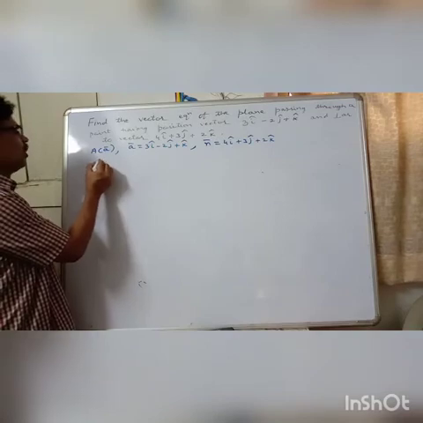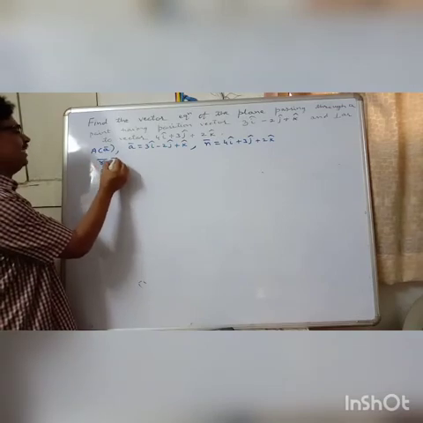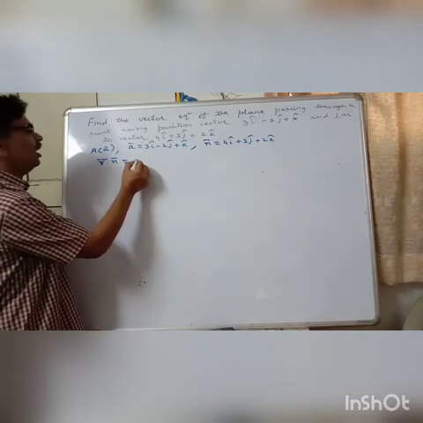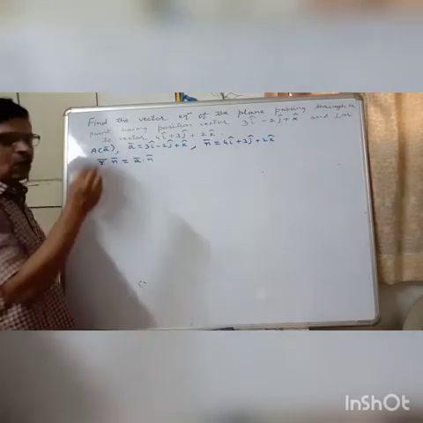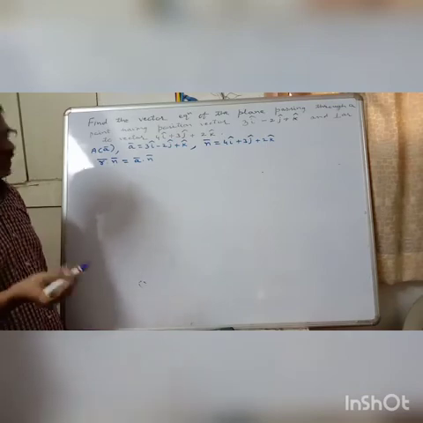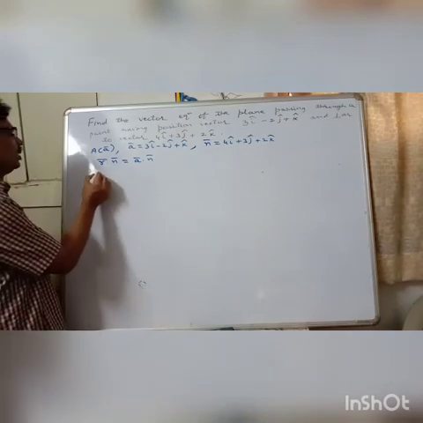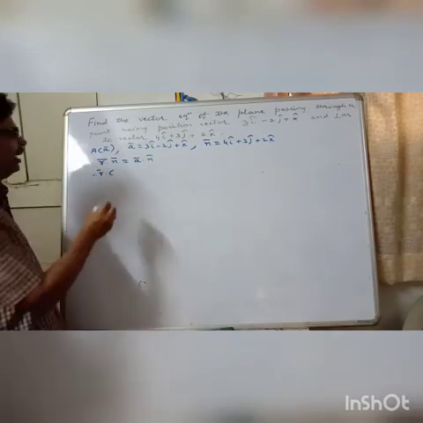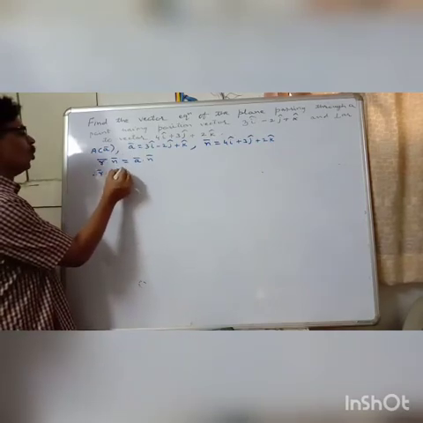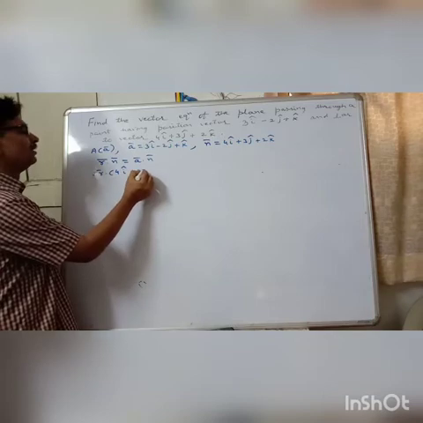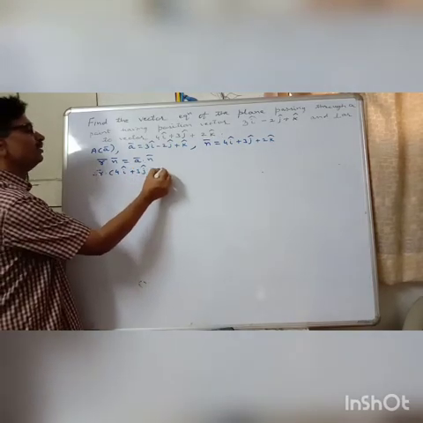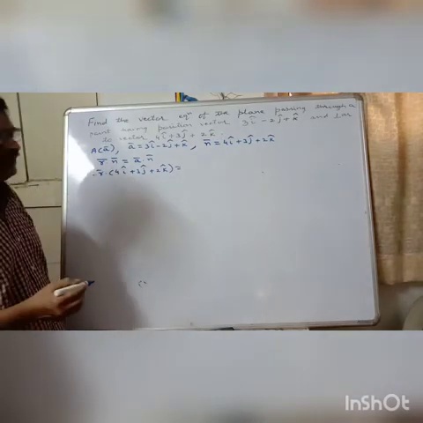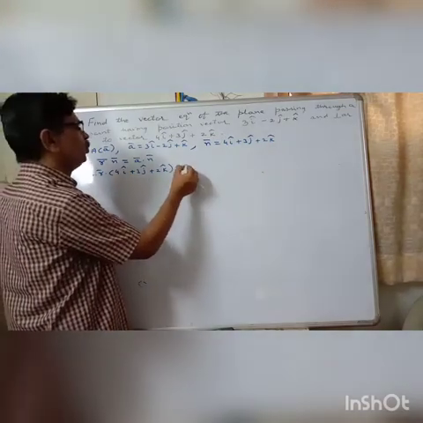So equation of plane in vector form is given by r bar dot n bar equal to a bar dot n bar. Put the corresponding values. R bar dot n bar, in bracket 4i cap plus 3j cap plus 2k cap, equal to, on right hand side, dot product of two vectors.